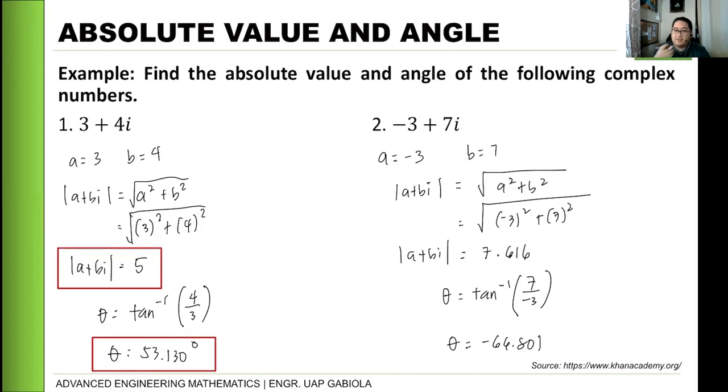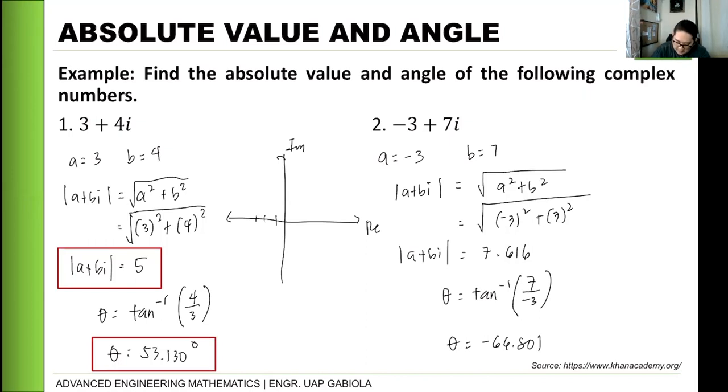Positive. So, it should be positive, pero ang concept talaga is we have to look at yung value ng ating a and b, no? So, we have to go back dun sa ating graph, yung sa ating Argand graph. Okay? I-graph natin to. So, negative 3 is somewhere dito. 1, 2, 3.